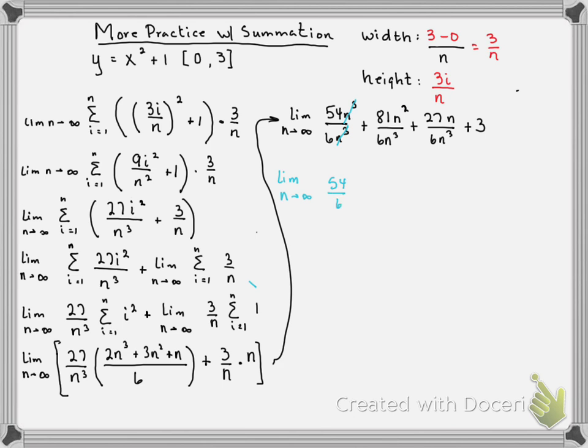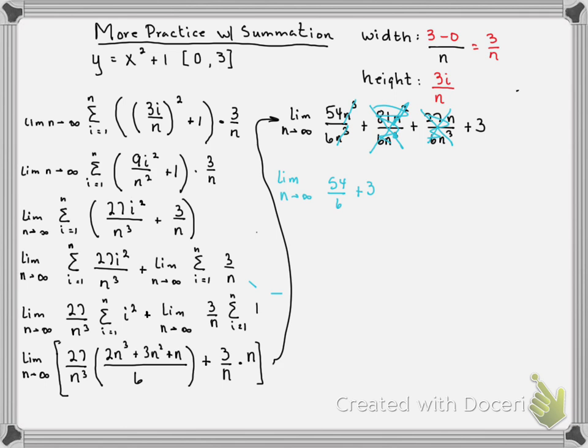Now, even if we took these n squareds away, leaving 1 in the denominator, 81 divided by infinity is 0. Likewise, 27 divided by infinity is 0. Okay, that's why when n approaches infinity, we are allowed to cancel out those terms because they are zeroed.